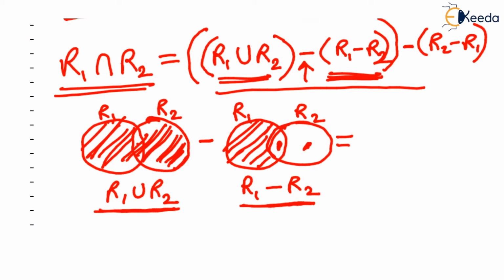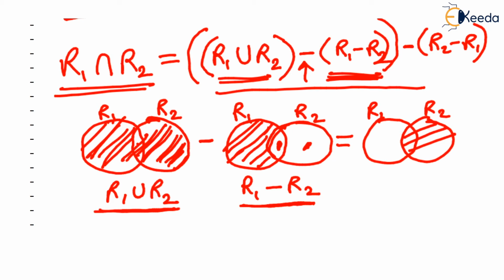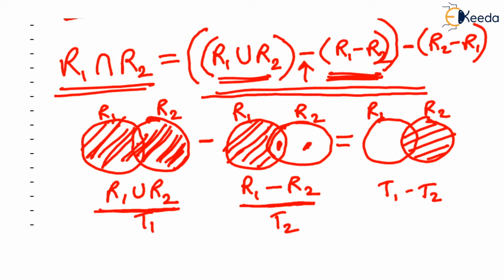The result of this is clearly going to be whatever is not there in R1 minus R2. So this region, please try to understand. This is nothing but this entire thing that we have written over here, correct? Let me label this as T1, this as T2, then this is T1 minus T2. Up to this bracket I have solved.